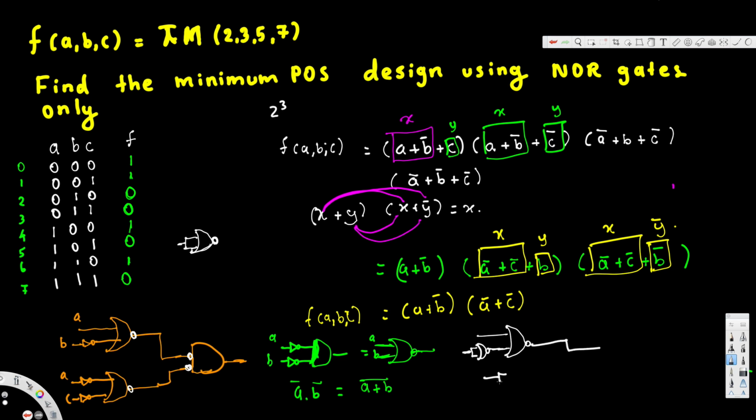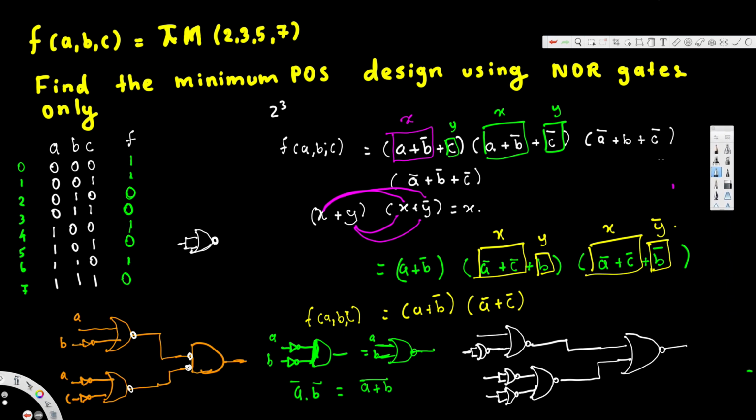Here the same thing, we are going to have something like this, and something like this. All of them are connected to this one, and according to De Morgan's theorem, this one is equal to this one, so we are going to have something like this. This is the equivalent for this one. Then we have to replace all the values, A, B, and this is A, C. So this is the answer for this question. We designed the circuit using only NOR gates, and that's how we do that.